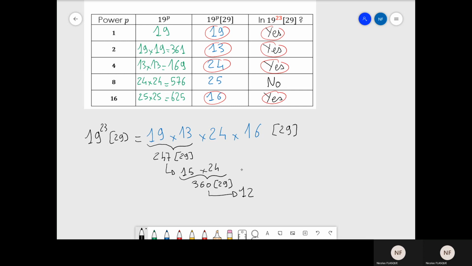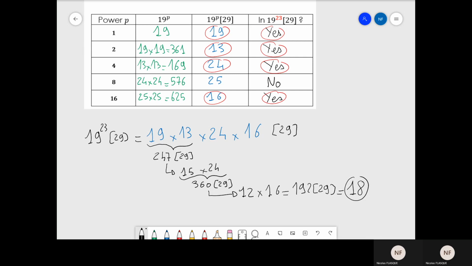Now, last operation, actually, 12 times 16 is equal to 192. Modulo 29 gives us 18. And that's the final result.